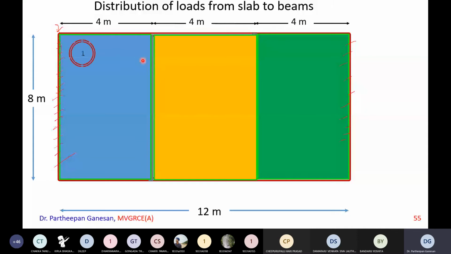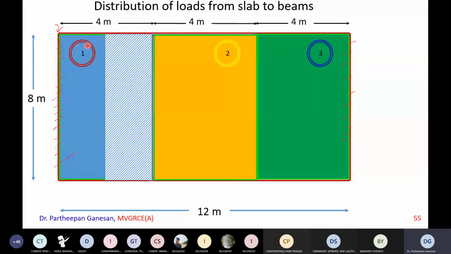Now this is one panel, second panel, third panel. Now how will the load get transferred from the slab to the beam? If it is a one-way slab, half of this load will be transferred to this beam. The remaining half will be transferred to this beam.